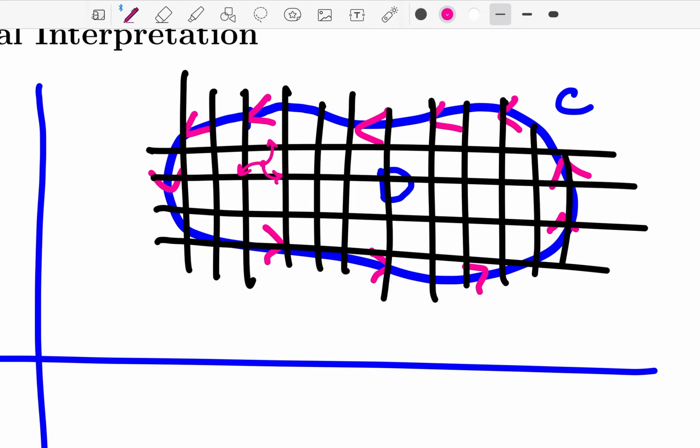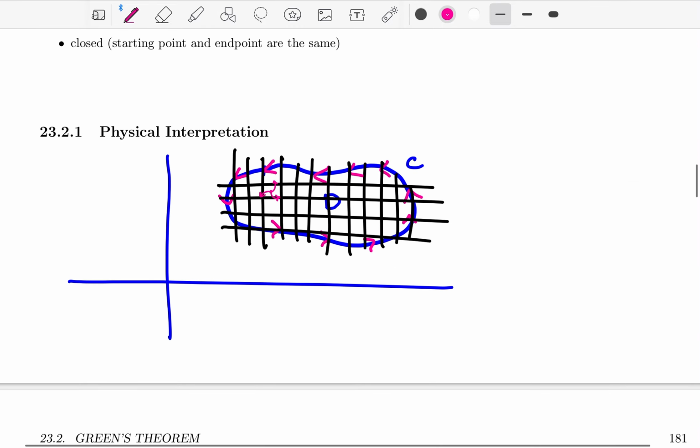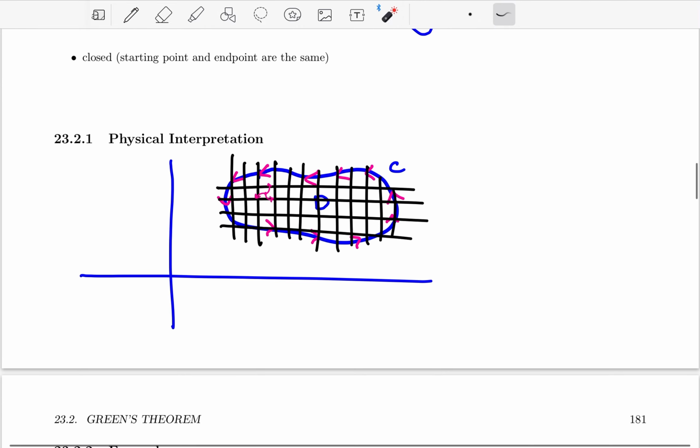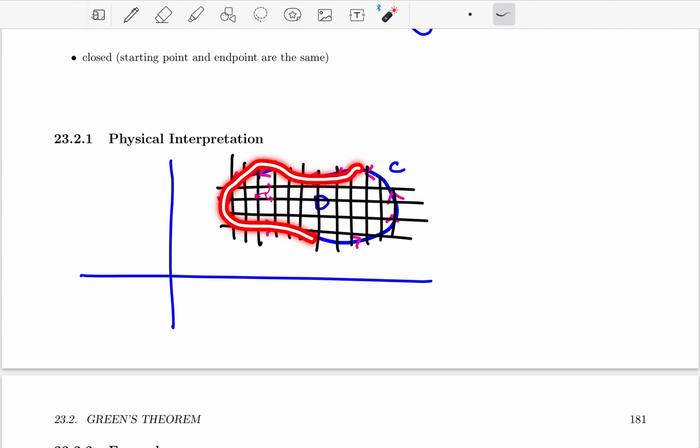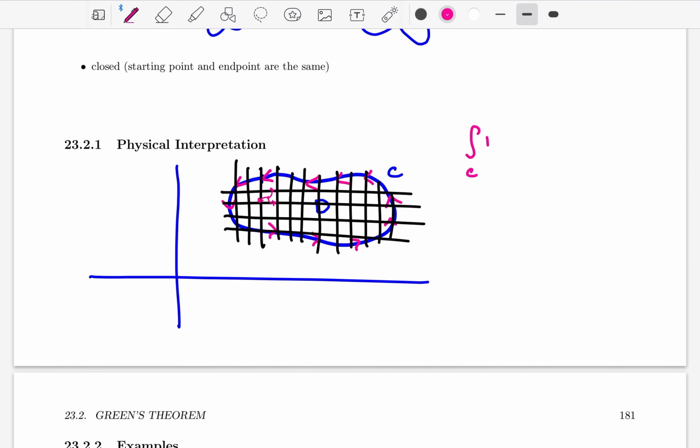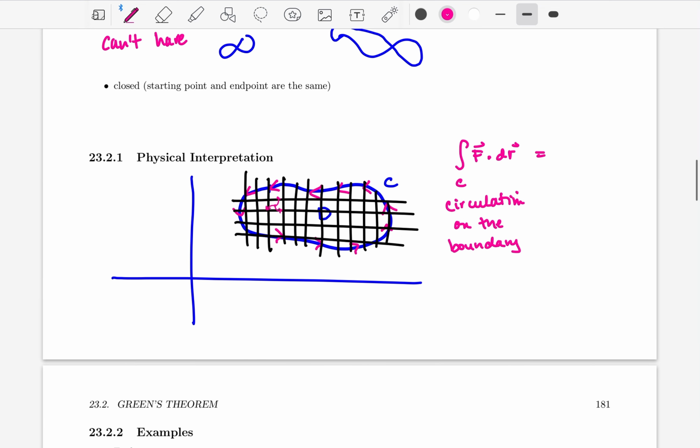So what the theorem tells me is that the circulation around my curve, in the exterior, by definition, is the integral over C of F dot dr. This is the circulation on the boundary. It is the same as if I add all the little circulations, okay?